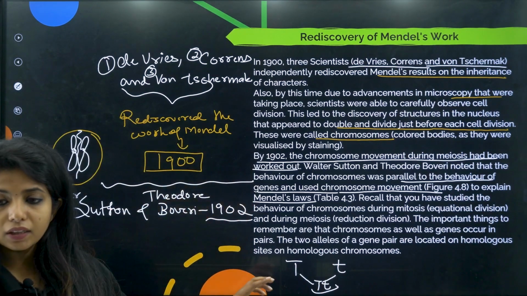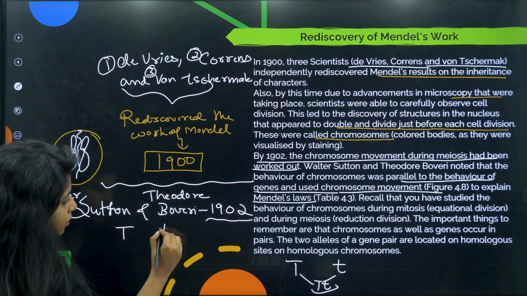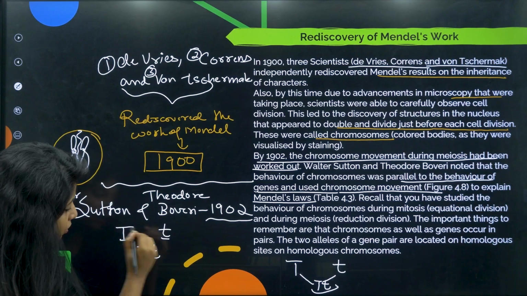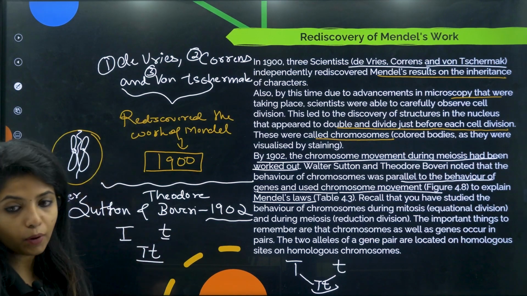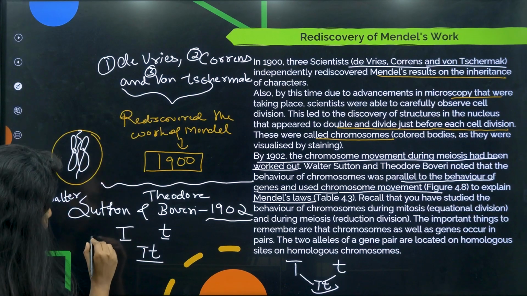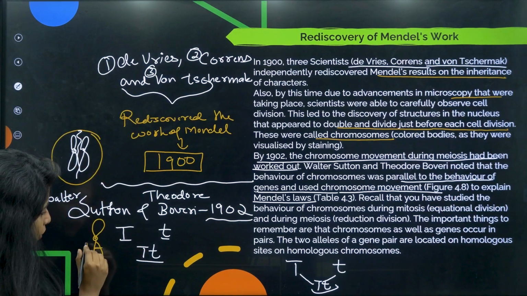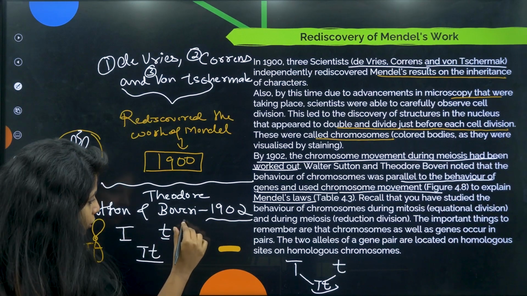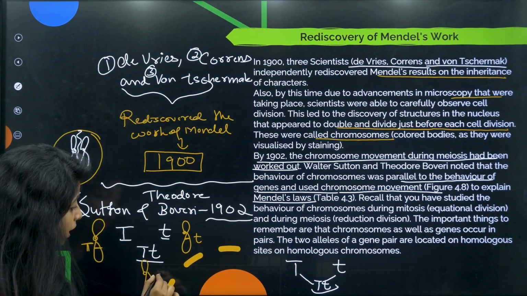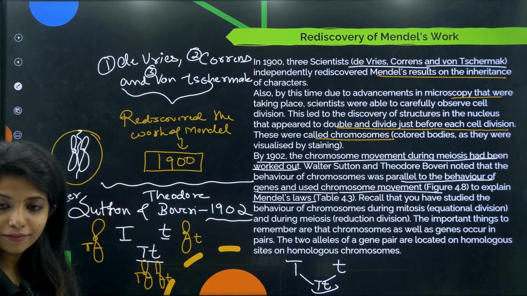Similarly, these guys found that probably these factors might be on the chromosome, and these chromosomes might be coming together in an organism.